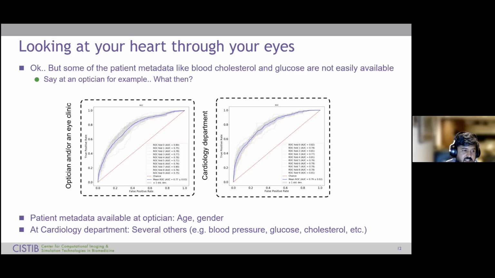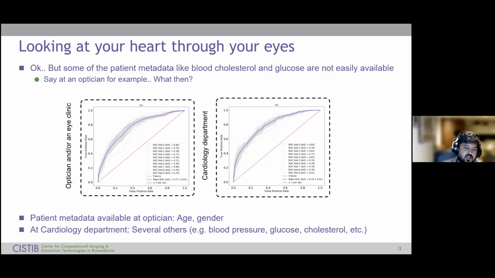And as I said, the main motivation here is to see how we can make this process of identifying patients at risk as cost-effective as possible. So if it reduces the need for conducting blood tests and for them to visit hospitals to get additional clinical measurements done, then it's going to reduce the overall cost of delivering patient care.